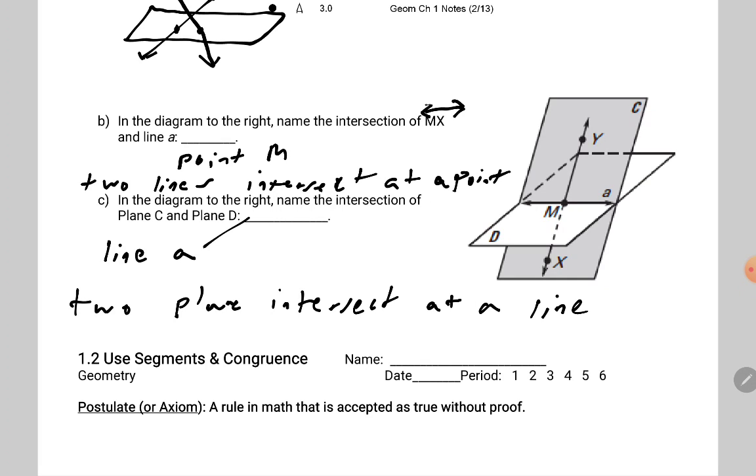So we'll start off with one of these big things in geometry, well, in math. It's called a postulate, or also known as an axiom. And it's a rule in math that is accepted as true without proof.